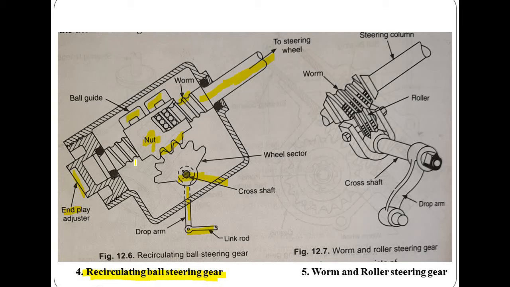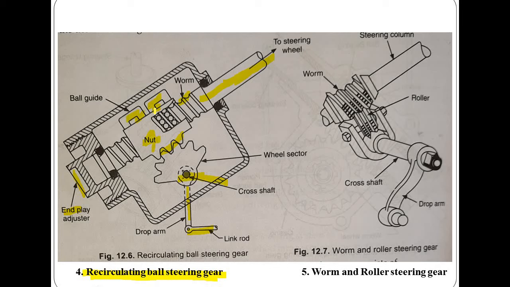It also consists of two sets of ball grooves of the worm, in between the nut and worm. The bearings are provided to reduce the friction and steering effort.